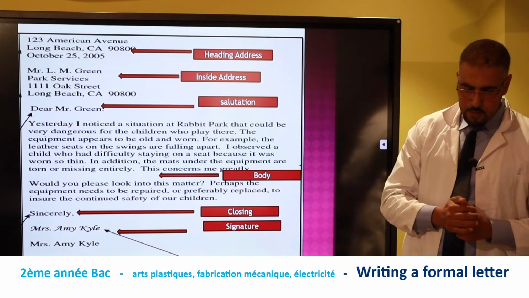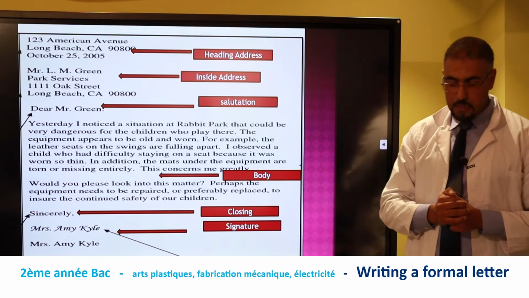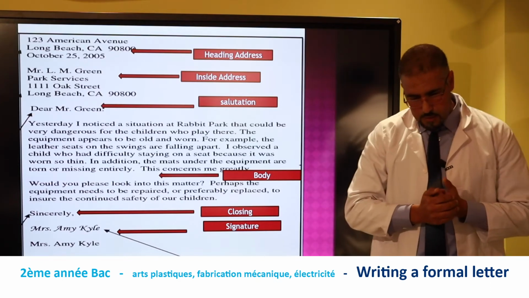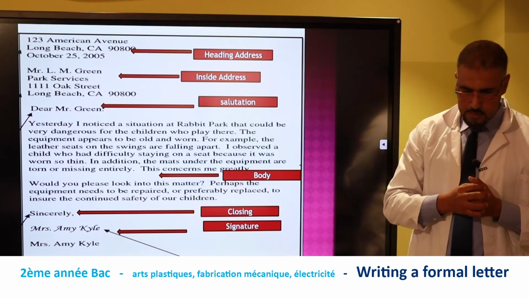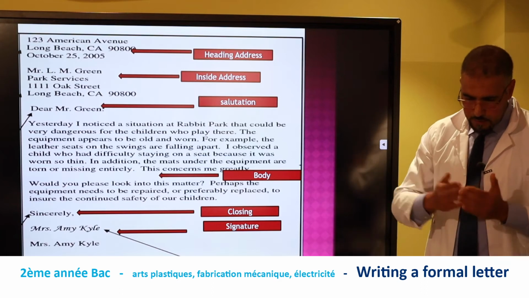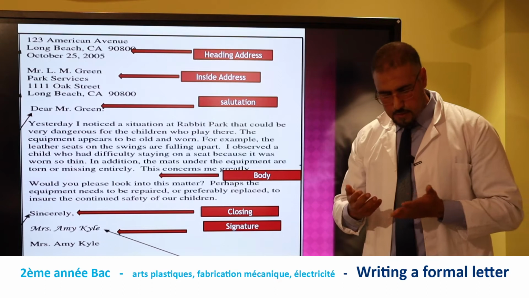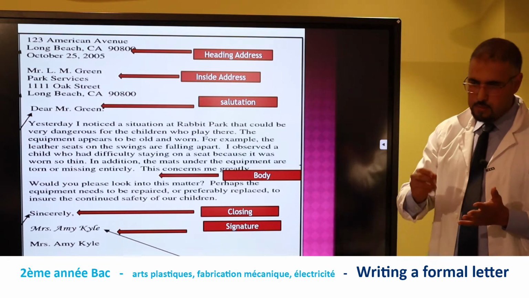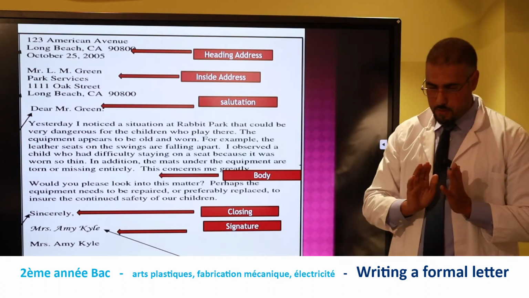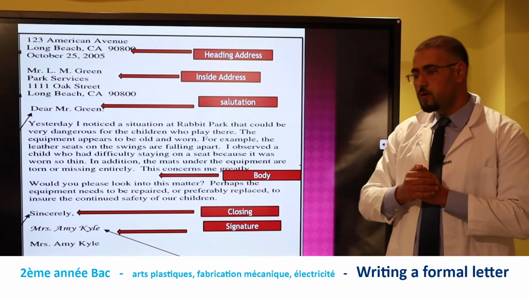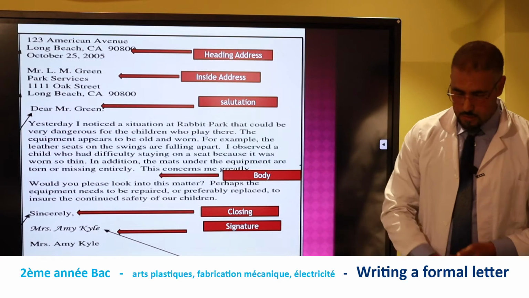Here, at the very top, we have the heading address. What does the heading address mean? We are going to see this. The inside address, salutation, and the body, closing and signature. Okay, good. Now we are going to see each element alone and what it means.